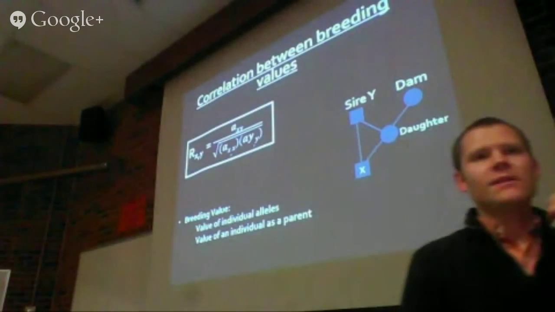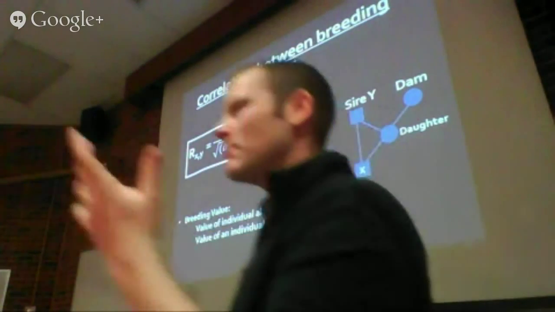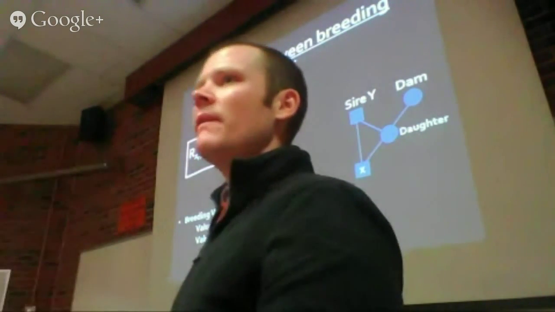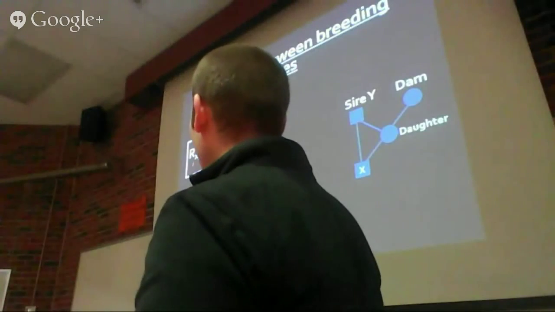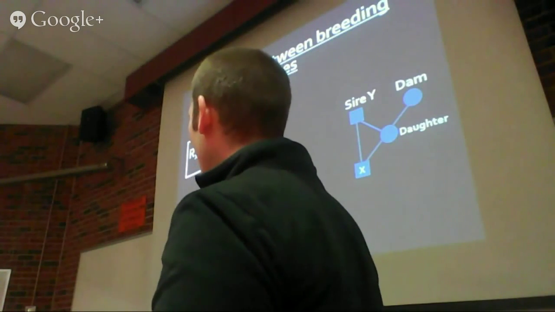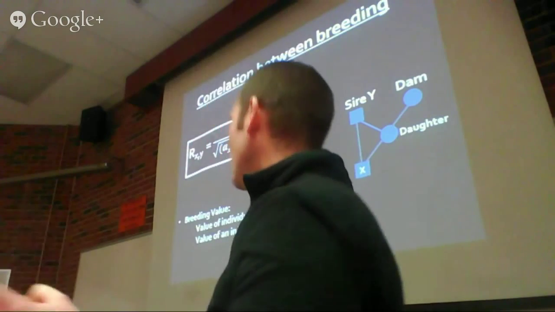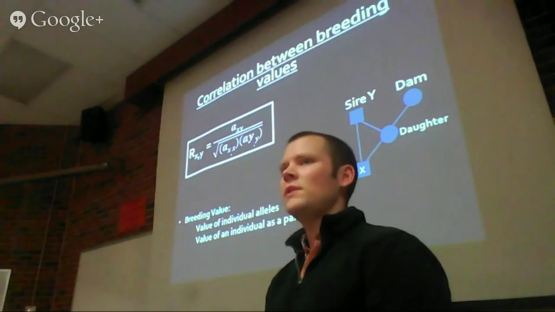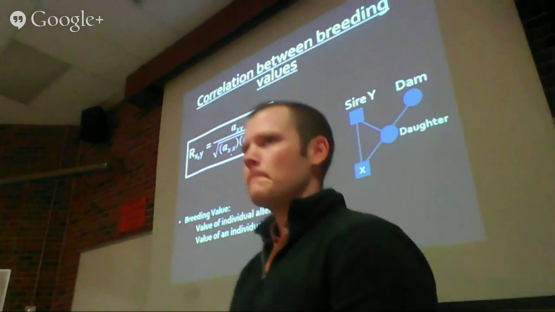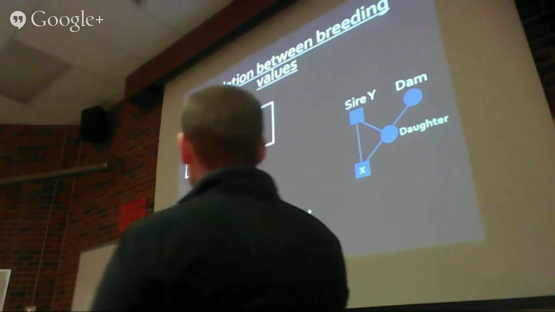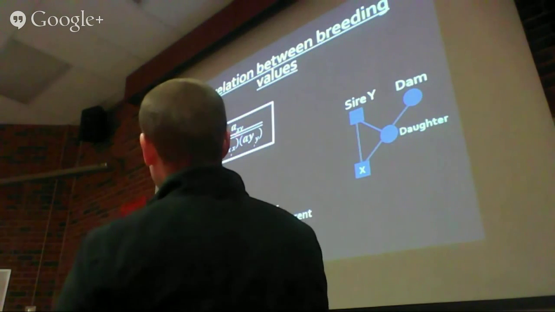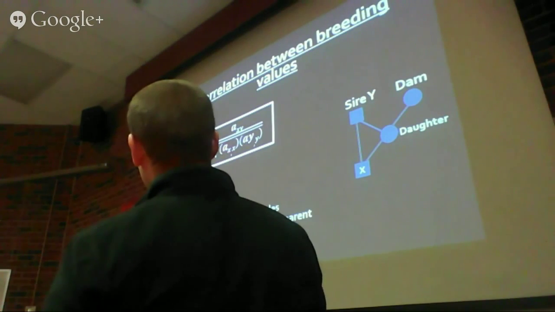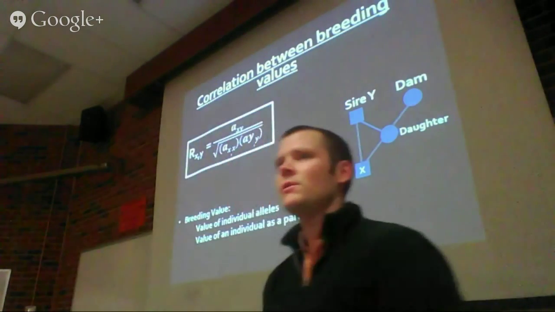So it makes sense that the correlation between two animals' breeding values, say we're looking at the correlation between the breeding value of animal X and the breeding value of animal Y, in this case, R being the correlation between those two breeding values, has to do with the genetic relationships involved, right? So it's the genetic relationship between those two individuals divided by the square root of each one's genetic relationship to itself.